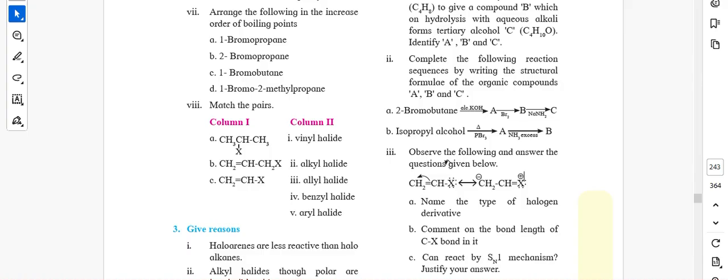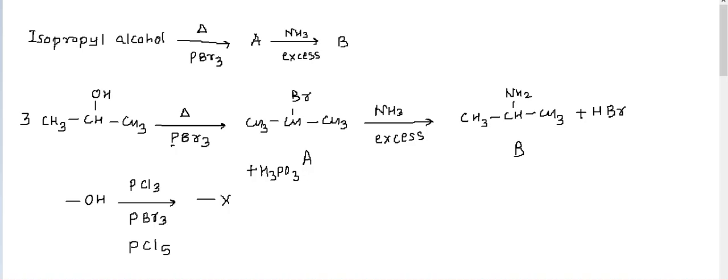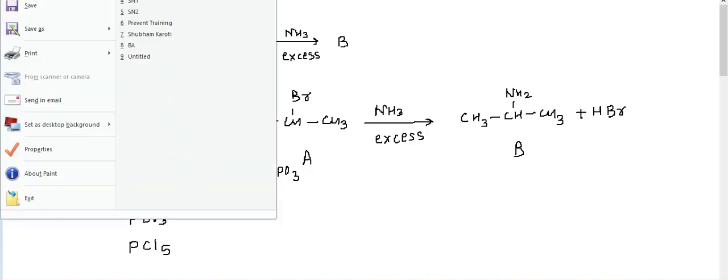Name the type of halogen derivative, then comment on the bond strength and bond length of the CX bond in it, and can it react by SN1 mechanism. Justify your answer. Let's write it down and solve it.